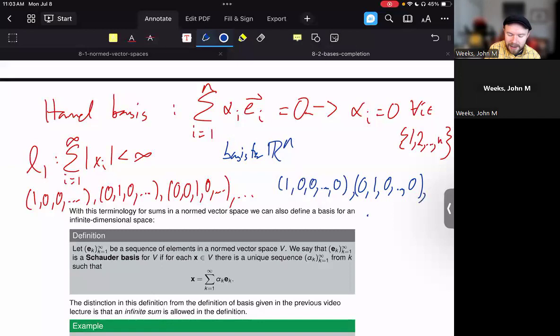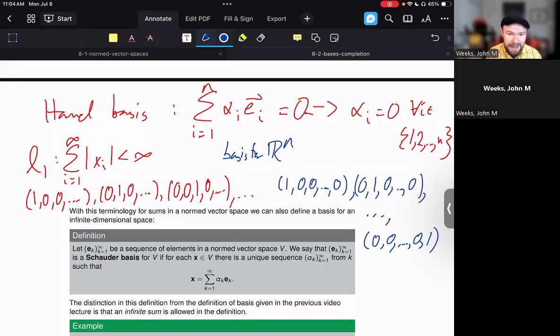But here you get to stop at some point because you only have finitely many coordinates. So you can just say, okay, there's going to be n elements inside of a basis for Rn. In little l1, we cannot do that. There are infinitely many coordinates, which we now call entries of a sequence, inside of little l1. And so this is an infinite dimensional system.